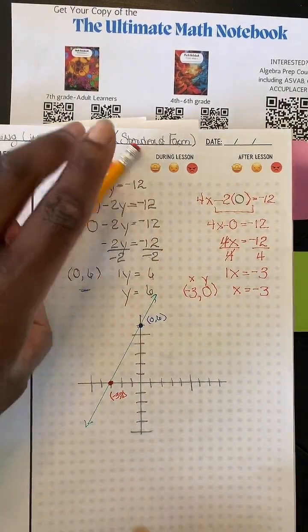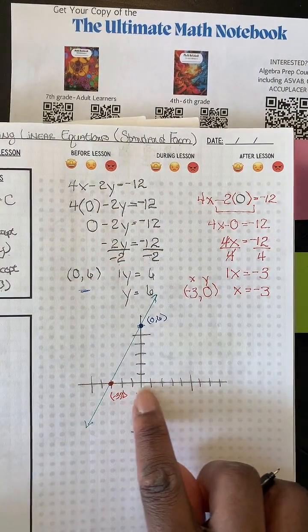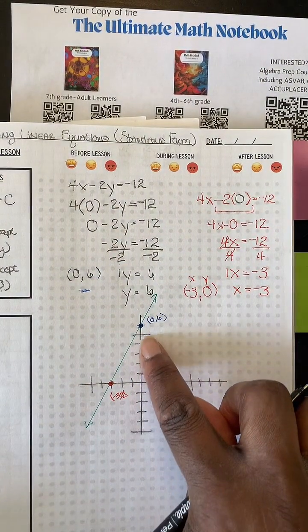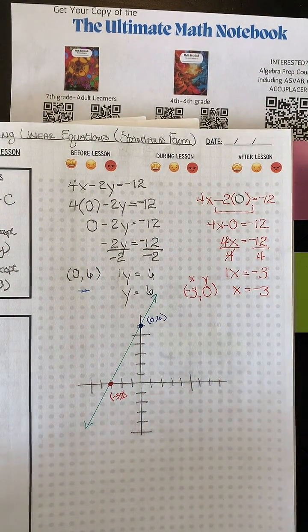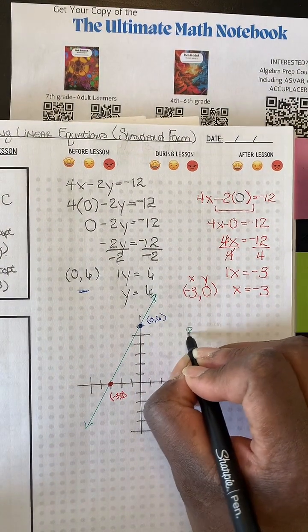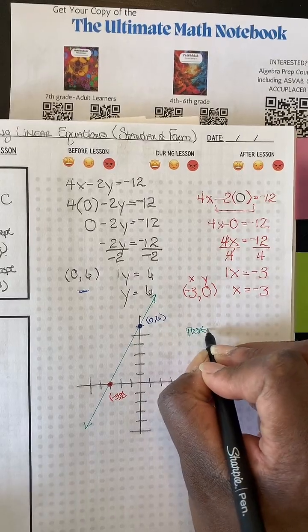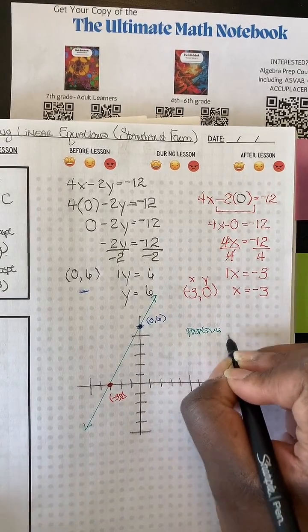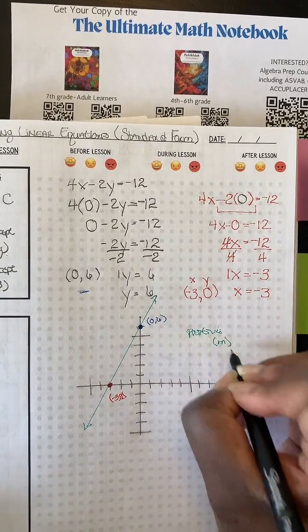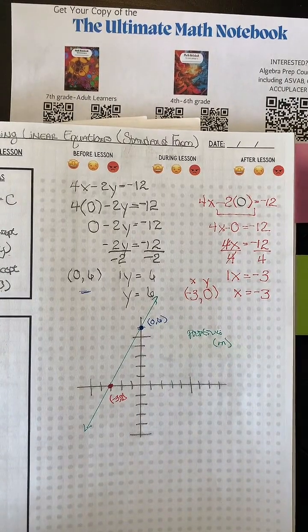From left to right, as my x values are increasing, my y values are also increasing. So we have a positive slope. And m represents our slope.